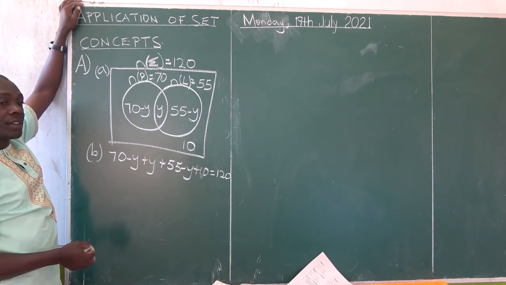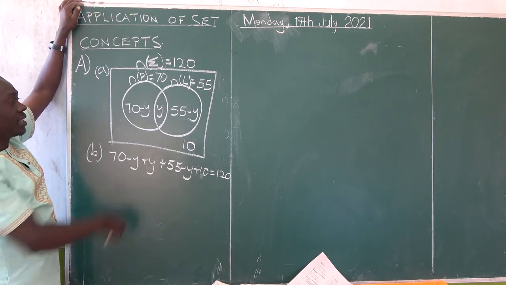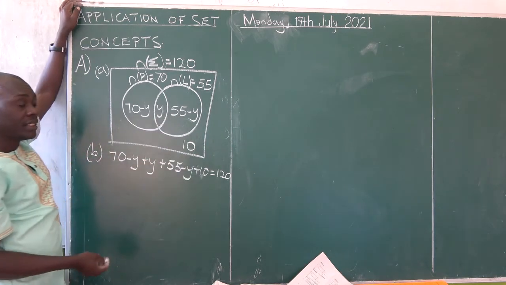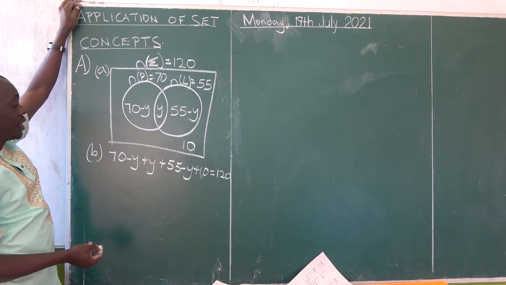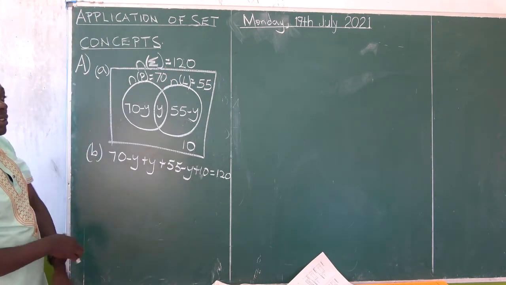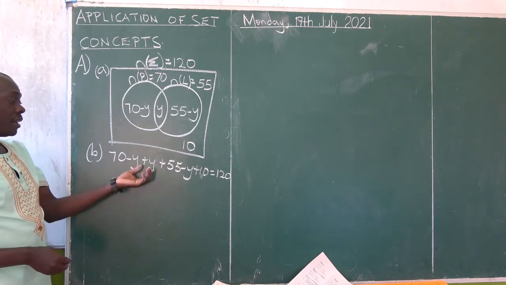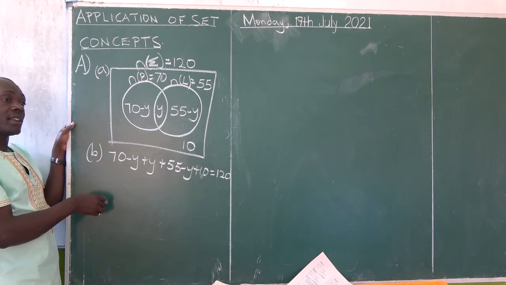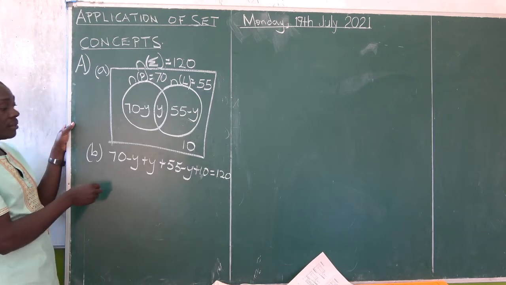You are already correct. Okay, I said 70 minus y plus 55 minus y plus 10 is equal to 120. And now that you have that, a mixture of the y's and those without y's, we gather those that look alike, like terms.